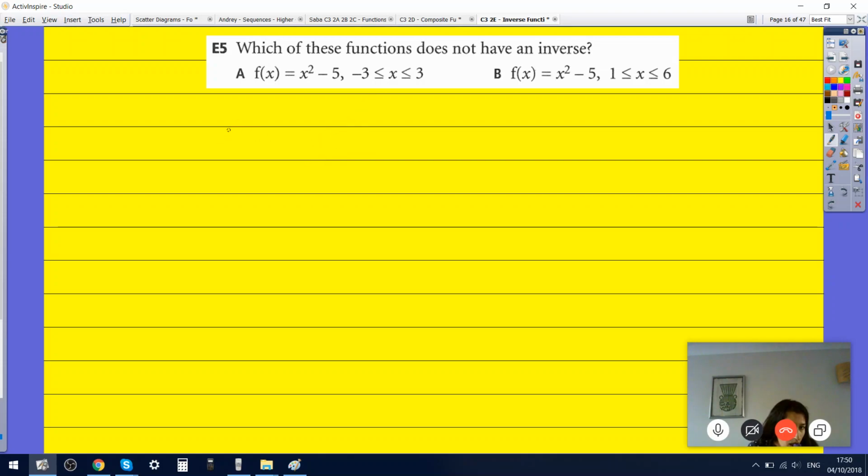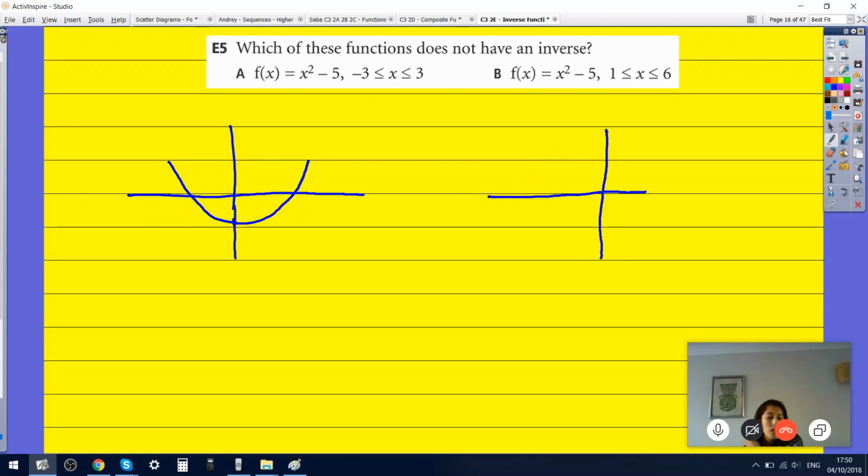If you were to sketch the graph, x squared minus 5 will be the same graph, but it has a different domain. That's starting from when x is 1.